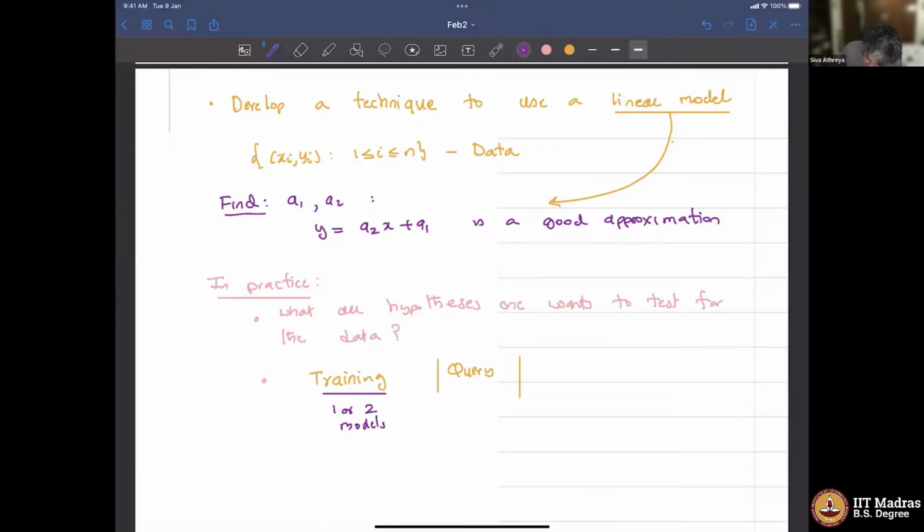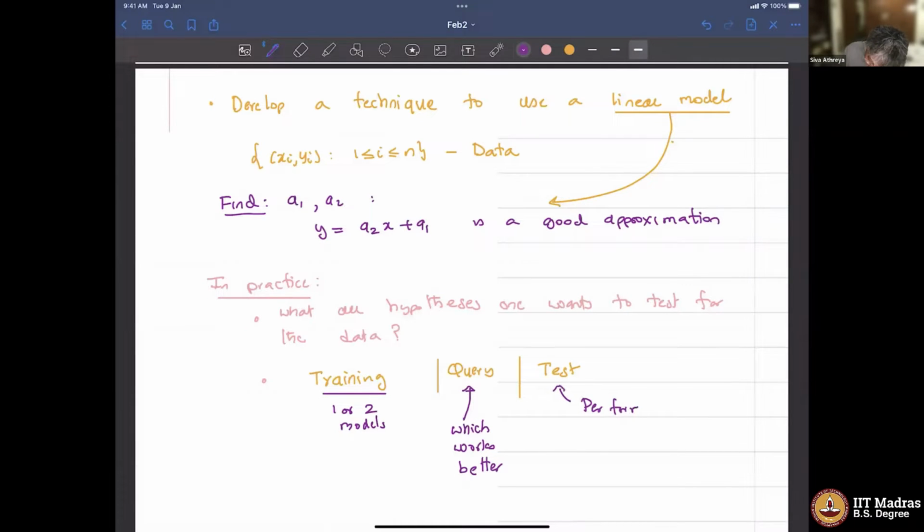Then you use the query part to see which works better. And then the last one is you go to a test data set and evaluate performance once you make a choice.